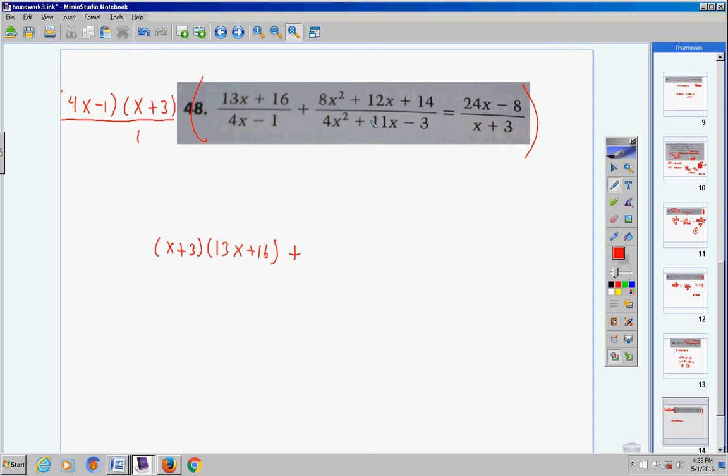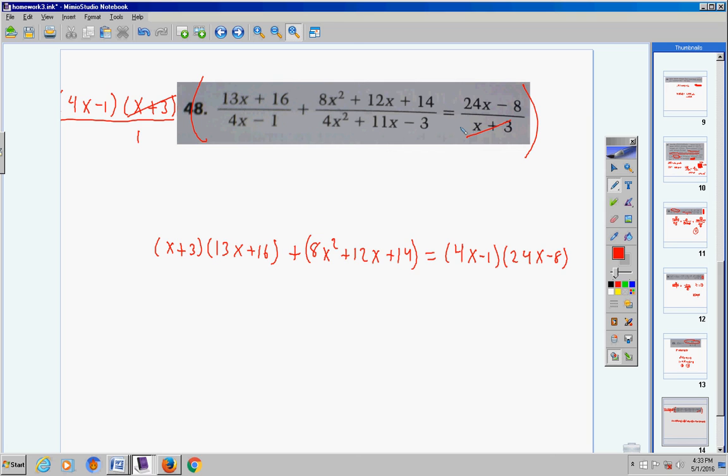And then this entire expression here is factored, so this would cancel with this, leaving you with the numerator, positive 8x squared, positive 12x, positive 14, equals, now we multiply this times this. Your x plus 3 cancels with your x plus 3, leaving you with 4x negative 1 times 24x minus 8. Now I know I could have factored that right here, but I'm really not too worried about doing that.